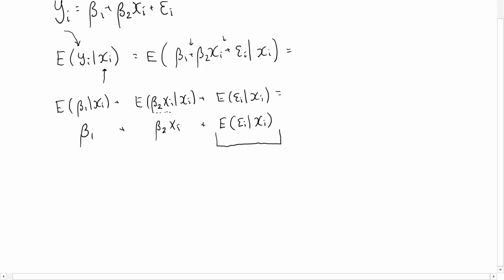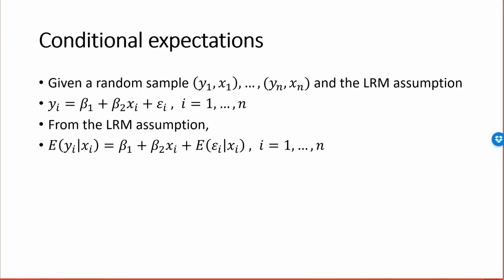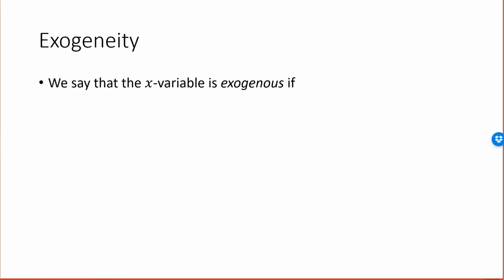Then the expected value of epsilon i will depend on xi. For example, if they're positively correlated, then the expected value of epsilon i will be greater when x is large and smaller when x is small. So to summarize these things, if this last term is 0, then we say that the x variable is exogenous.